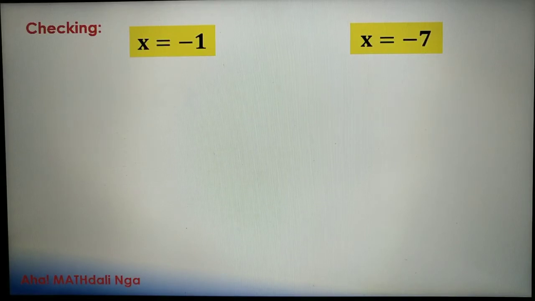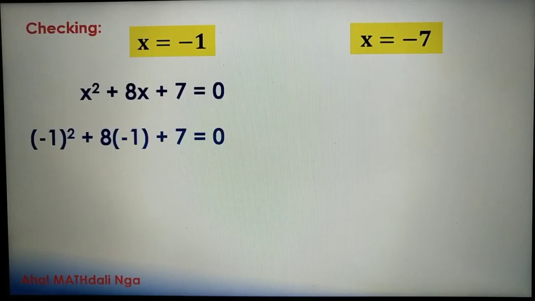First, we will substitute negative 1 to the given quadratic equation. X squared plus 8x plus 7 equals 0. By substitution, we have the square of negative 1 plus 8 times negative 1 plus 7 equals 0. Let's simplify. The square of negative 1 is equal to 1.